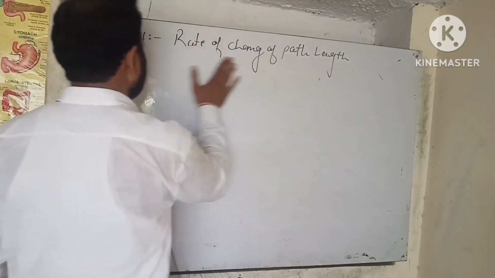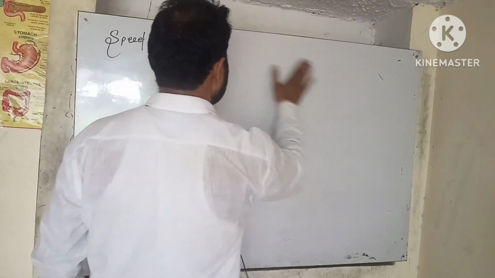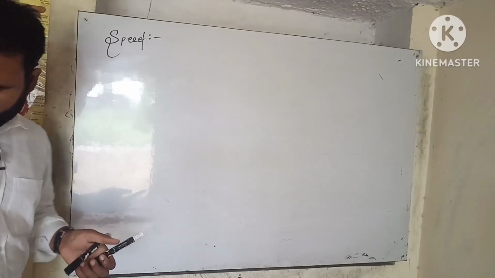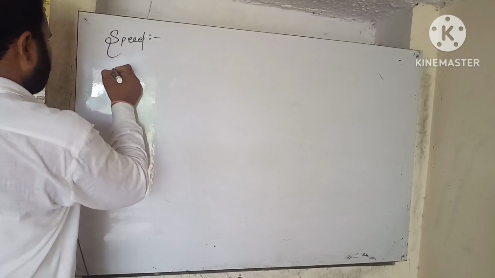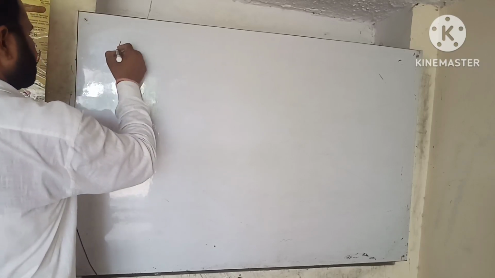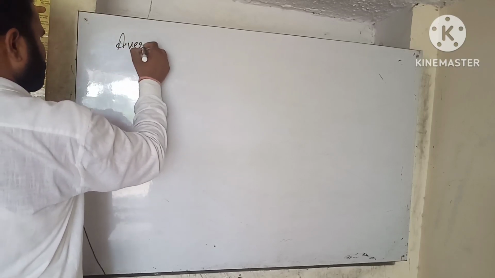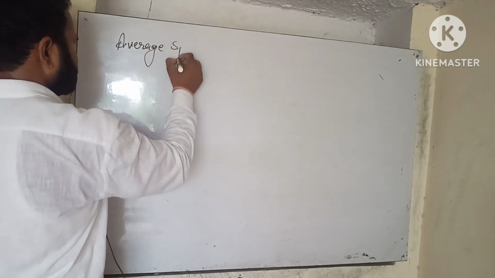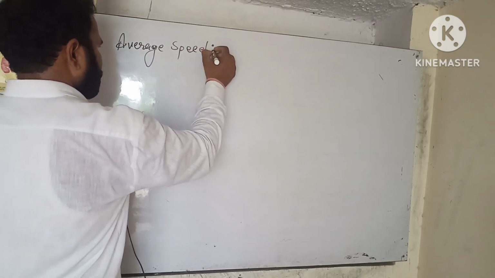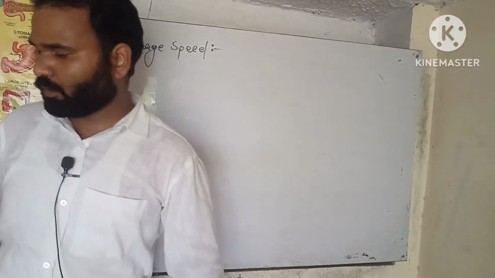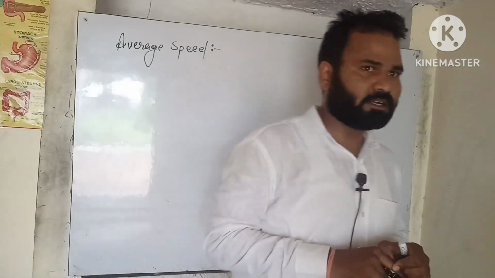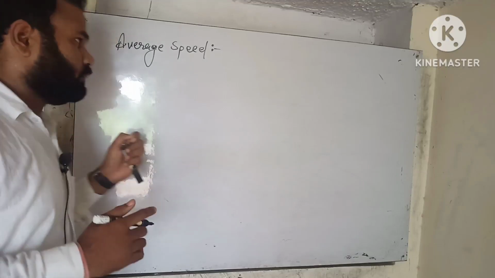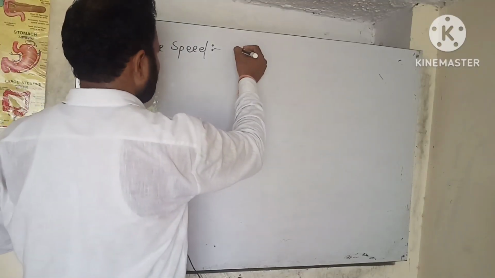What is the average speed? The average speed is equal to the total length of path divided by the time interval.